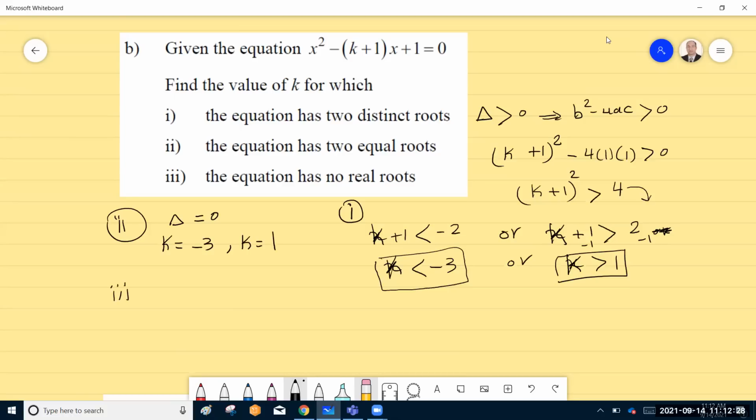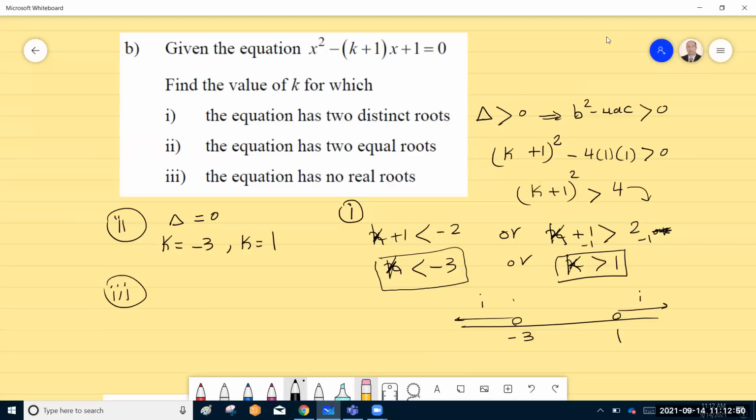And number 3, for the equation to have no real roots, look, this is the number line for the values -3 and 1. At these intervals, the equation has two different real roots.